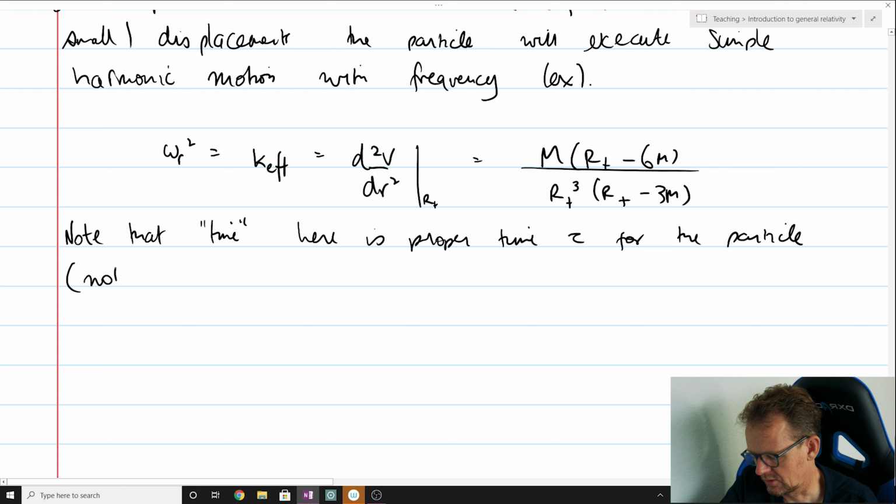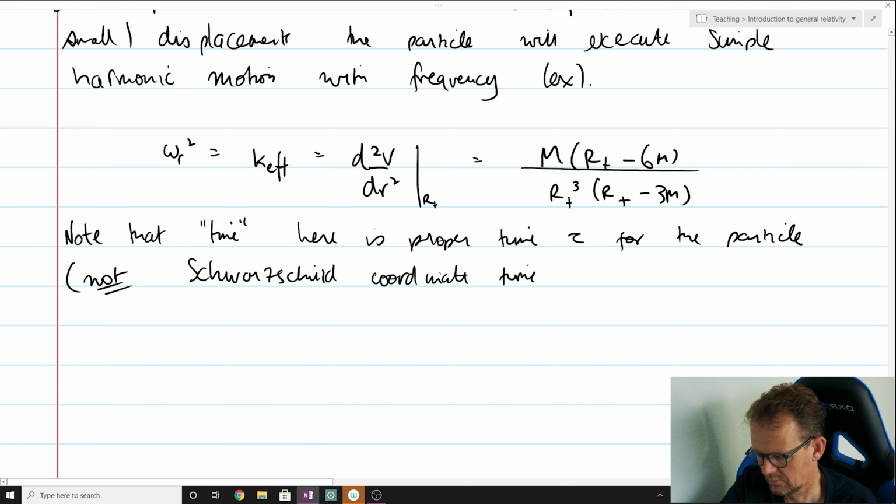So yeah, it's not the Schwarzschild coordinate time T, right? Tau is different from T.